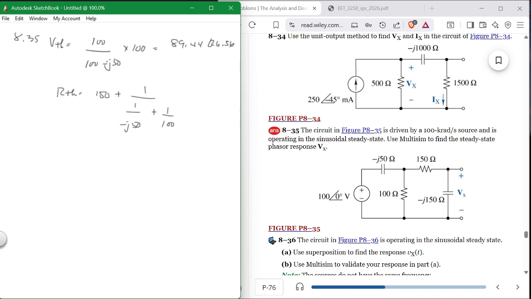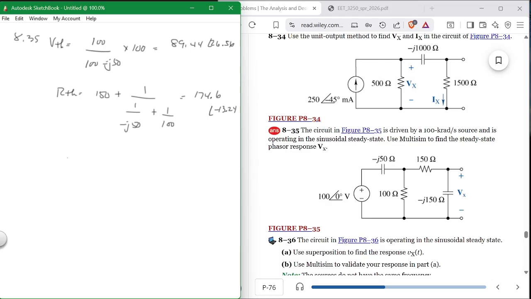Let's try this and see if this will take. 150 plus 1 divided by parenthesis, 1 divided by minus 50i plus 1 divided by 100 in parenthesis equals. It worked. So I get R Thevenin is equal to 174.6 at angle minus 13.24. So far, so good.